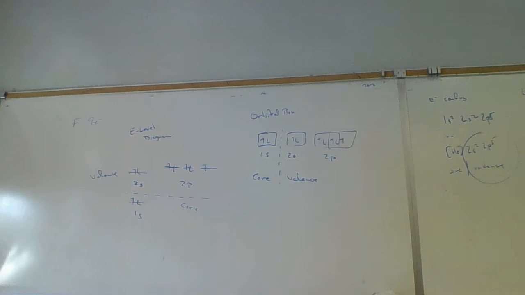So fluorine's going to be a more powerful oxidizer than chlorine. And then if we go to iodine, iodine's going to have more shells, right? More core shells. But the valence shell electron configuration is going to be the same. It's going to be ns2 and p5, except it's going to be 4s2, 4p5.